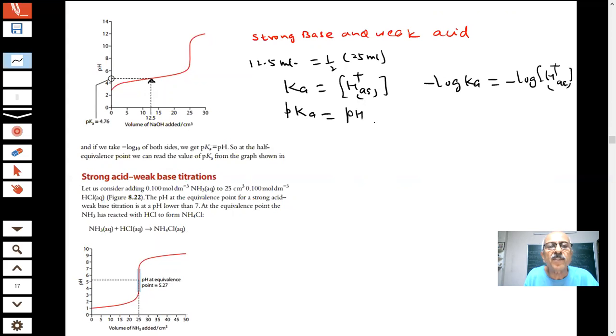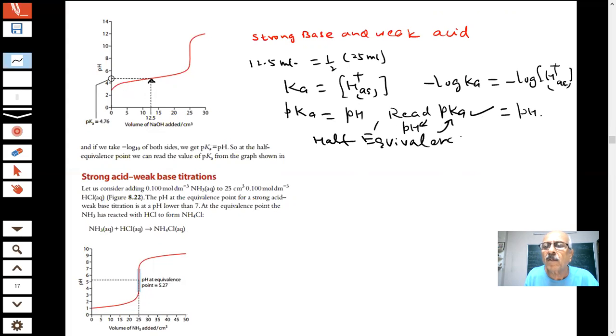So at half the equivalence point from the titration curve, I can read the pH value, and this will be equal to pKa. pH is equal to pKa at half the equivalence point. Okay? Got it?